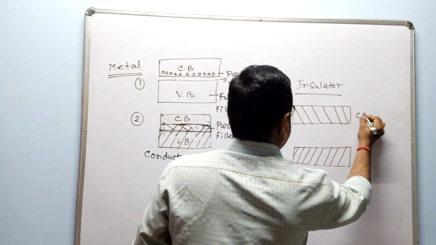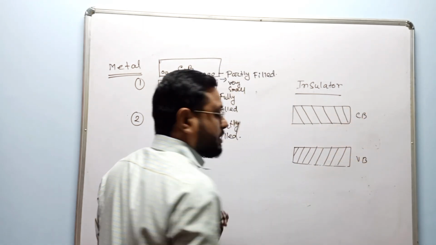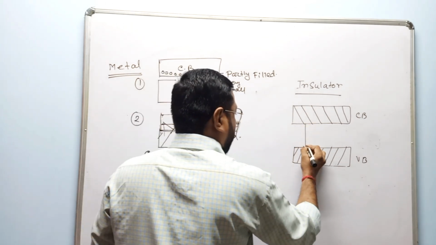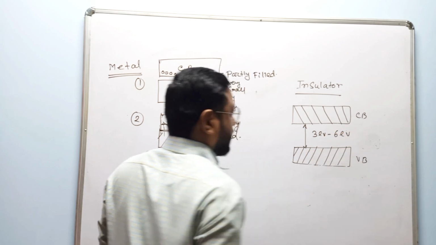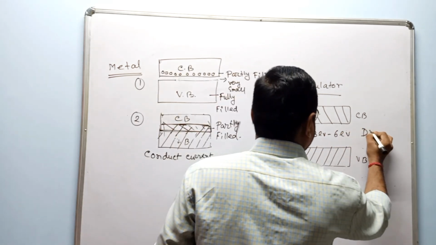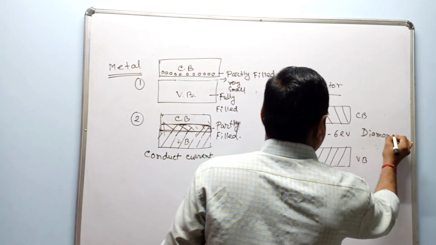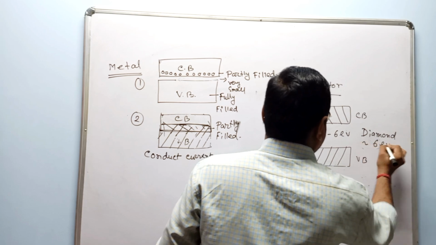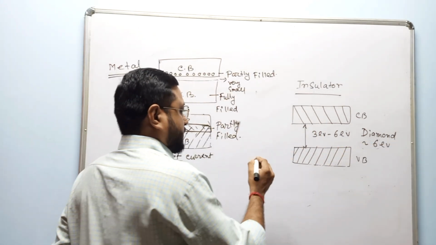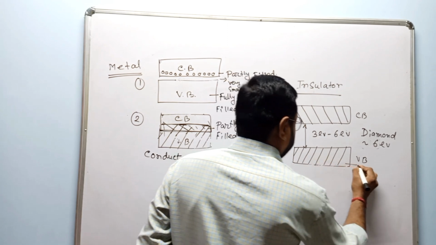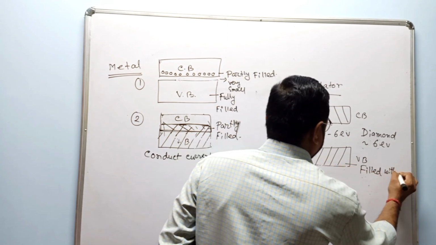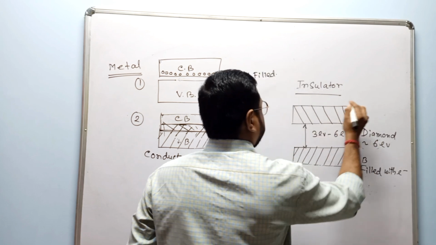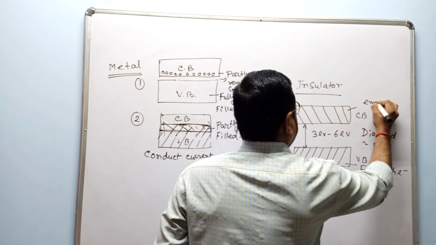CB and VB are so separated that the band gap is of the order of 3 electron volt to 6 electron volt, such as for diamond it is of the order of 6 electron volt. So this band is filled with electrons, and here the band is empty.